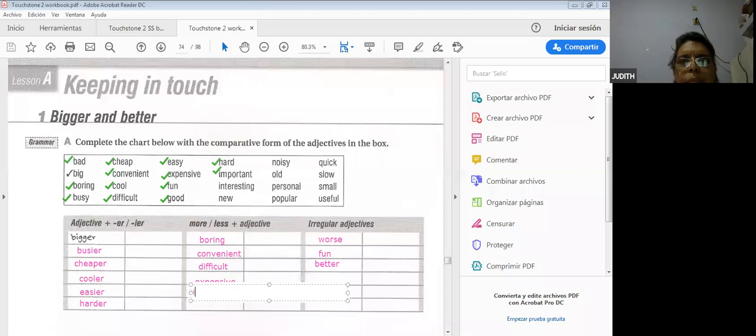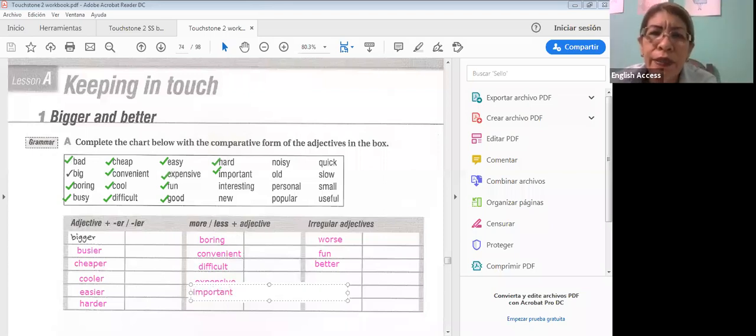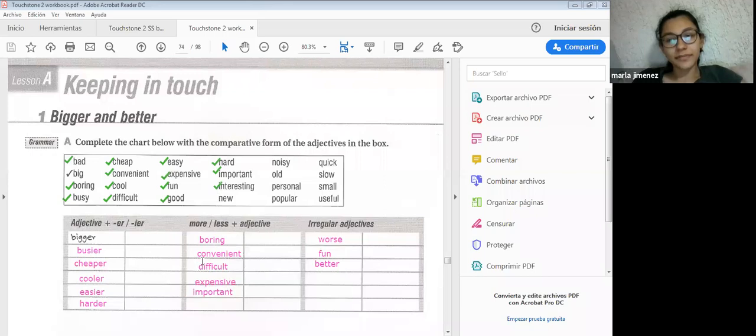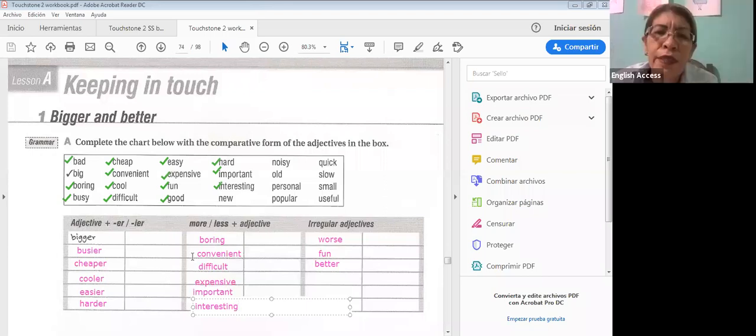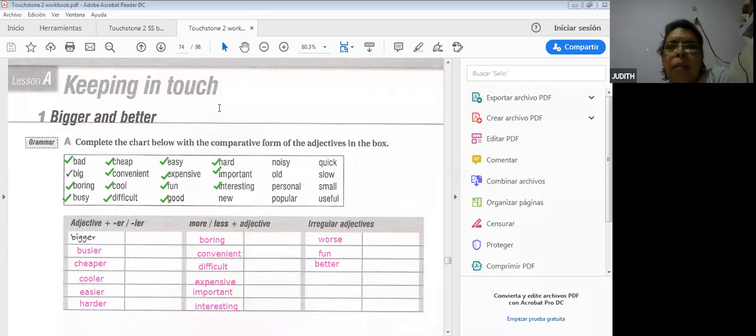It's important. Okay, more or less important. Okay, interesting. More or less interesting.